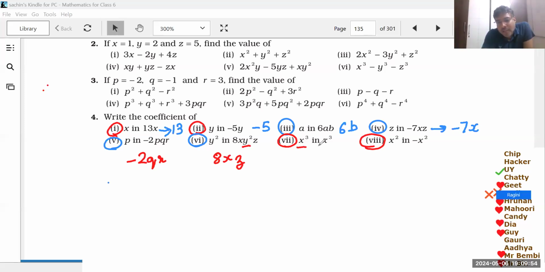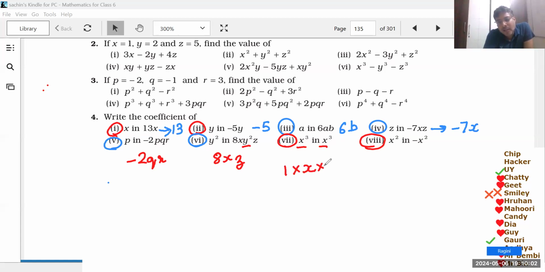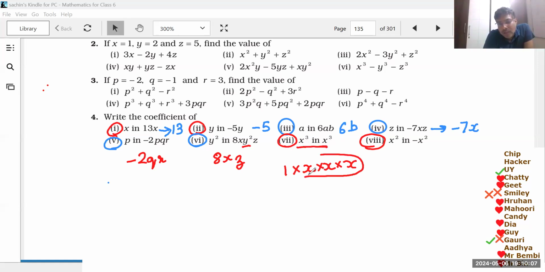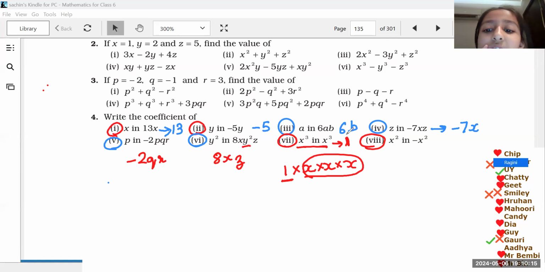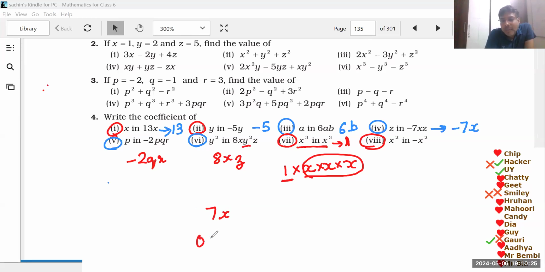What's the coefficient of x cube in x cube? Sir, 0. No, beta, no. I told you, x cube is actually 1 into x into x into x. Now I am asking the coefficient of this. So you will be left with 1. Understood? Beta, if you have written 7x, does it mean 0 multiplied by 7 into x, or 1 multiplied by 7 into x? Tell me.